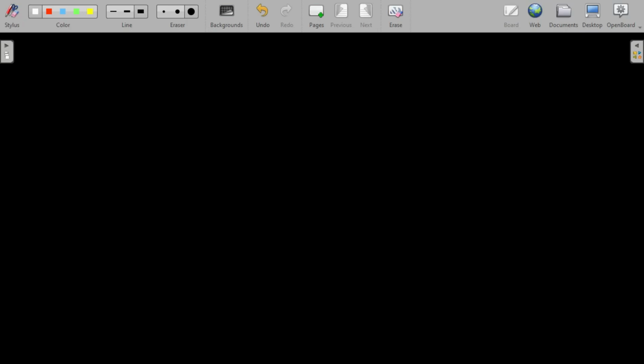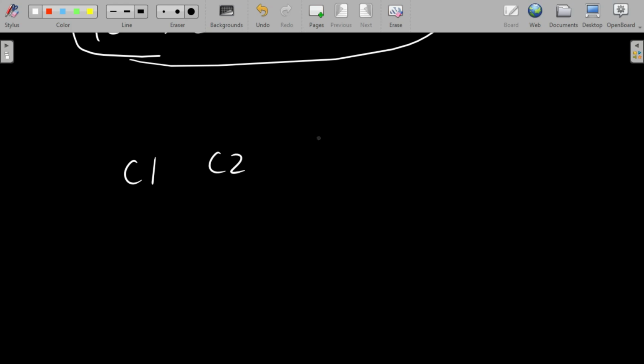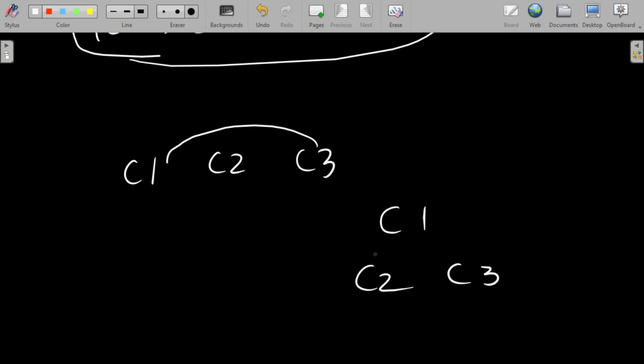Child 1 stands next to child 2, child 2 stands next to the third child, and the third child is connected back to the first child. C1 holds the hand of C2, C2 holds the hand of C3, and C3 holds the hand of C1, in a circular form. This is the circular linked list.